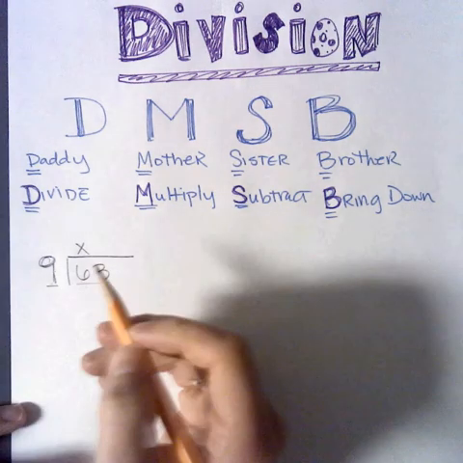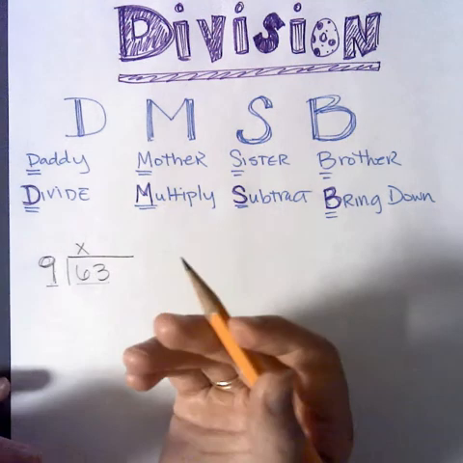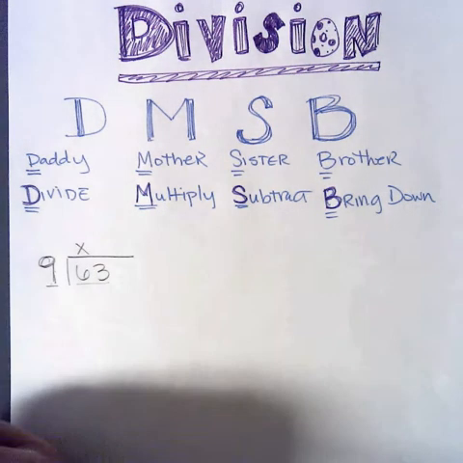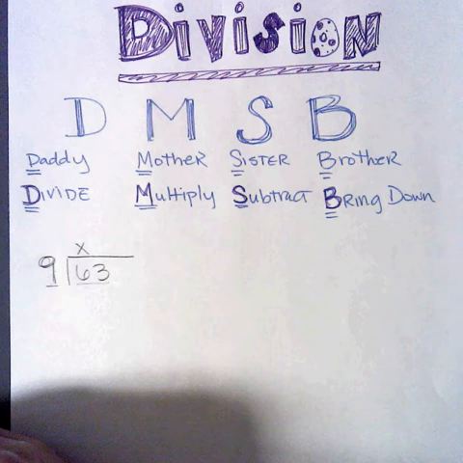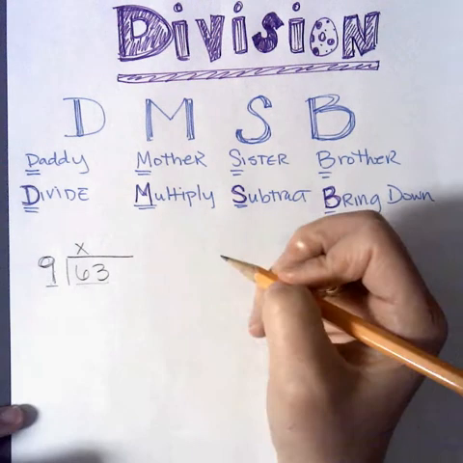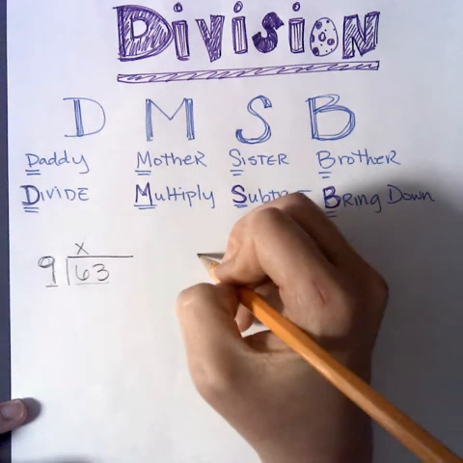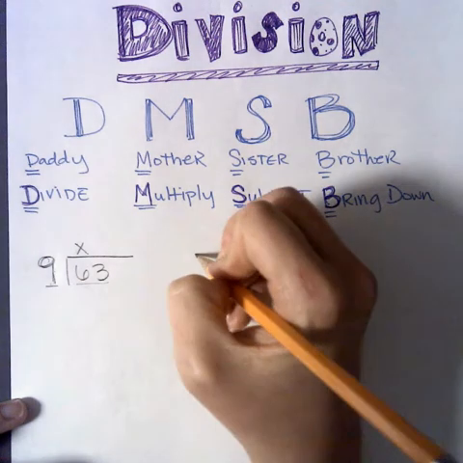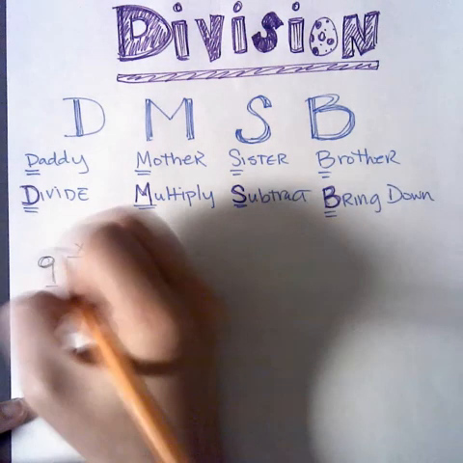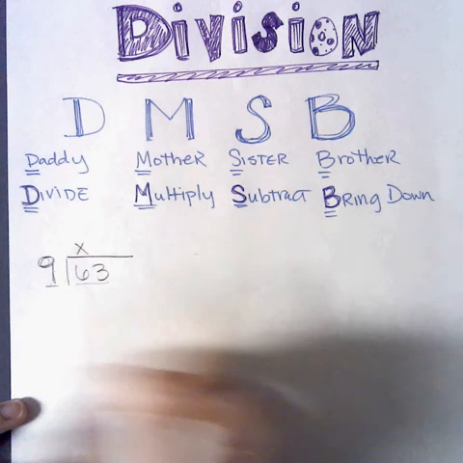So here is where, if you don't know already, you need to know your multiplication tables, but you can just go ahead and write them down. So we're going to do our multiplication table of the divisor, which is 9 to the right.